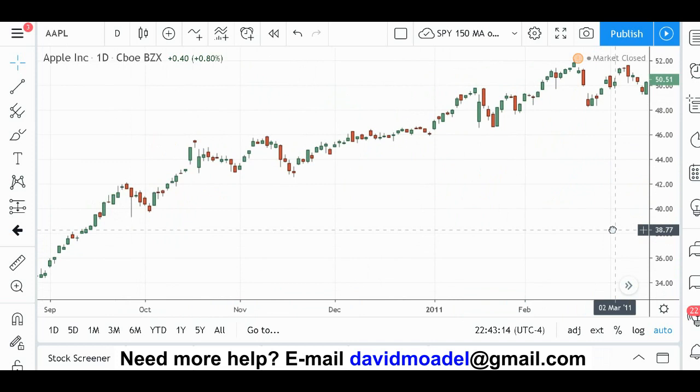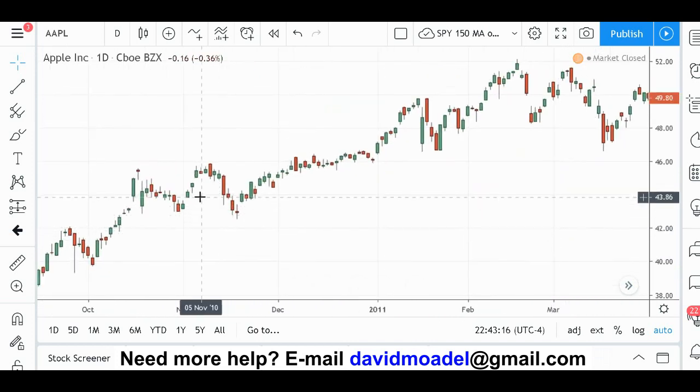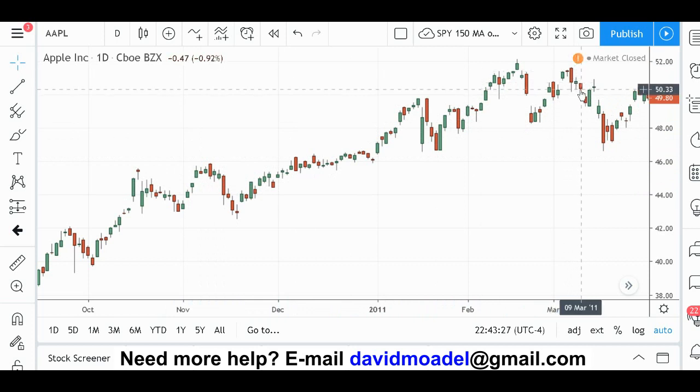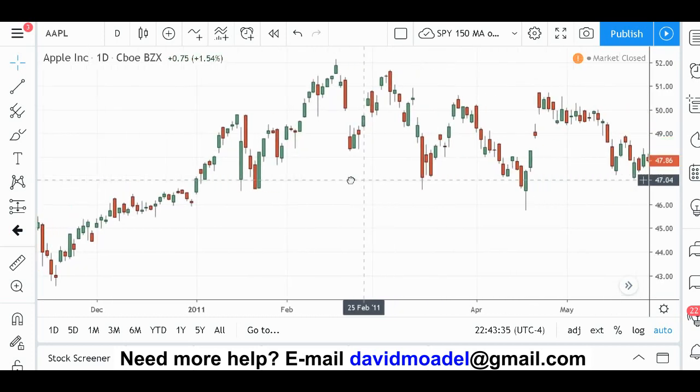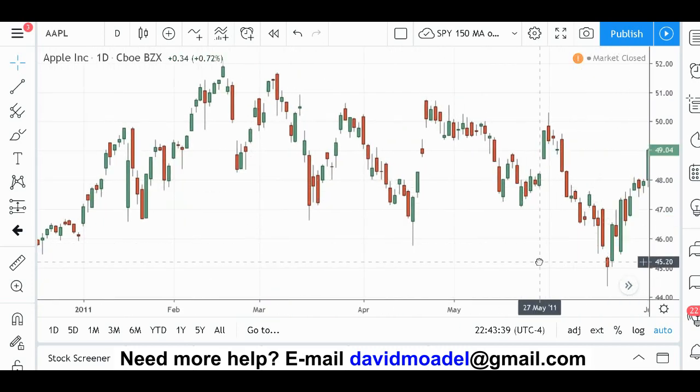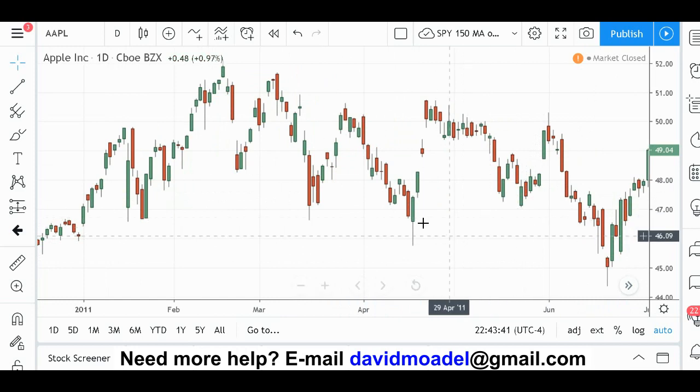All right, because you would have bought around here, $44.13 a share, and you could have ridden it all the way up until this lower high here, and you could have sold at almost 50. All right, $49.80, not too bad, and you would have avoided all this pain and suffering going all the way down here, okay.